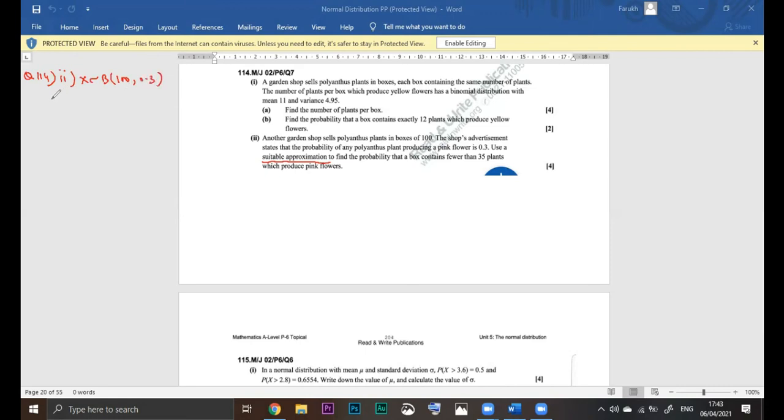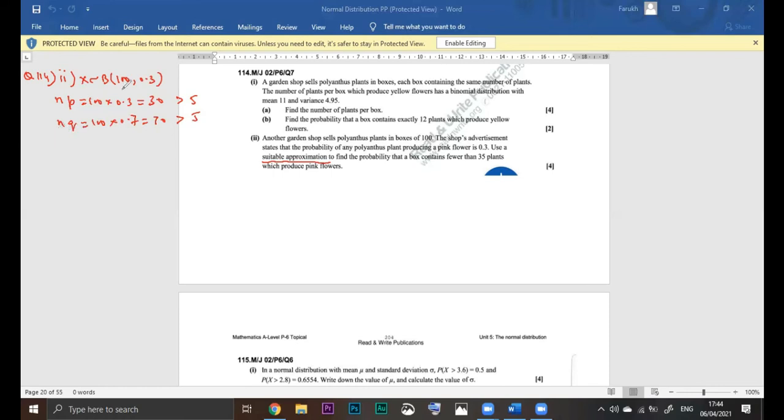Now you can see that np is equal to 100 into 0.3 is equal to 30, and nq is 100 into 0.7 is equal to 70. Both are greater than 5. If np and nq both are greater than 5, then we will use normal distribution instead of binomial distribution.